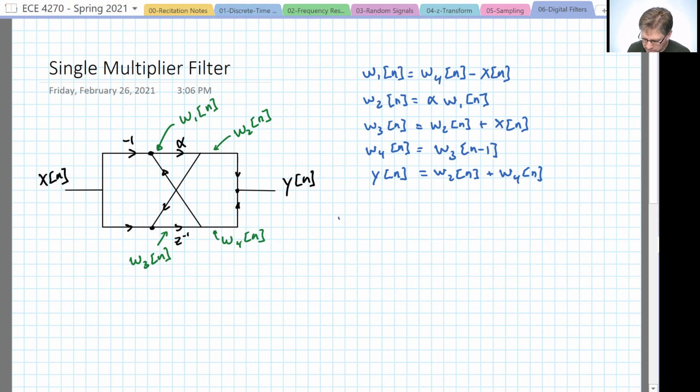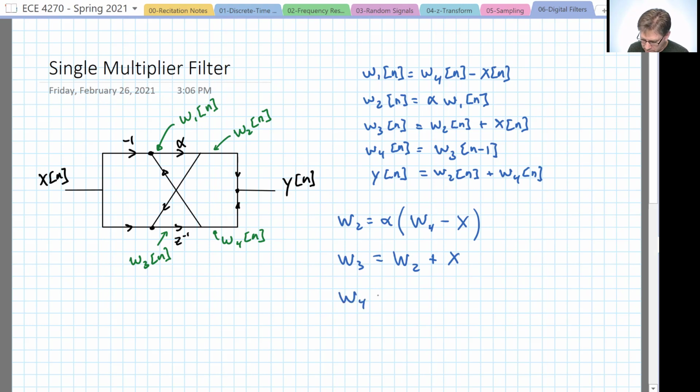So we'll have W2 is equal to alpha, let's see, times W1, which is W4 minus x. And W3 is pretty straightforward. It's W2 plus x.